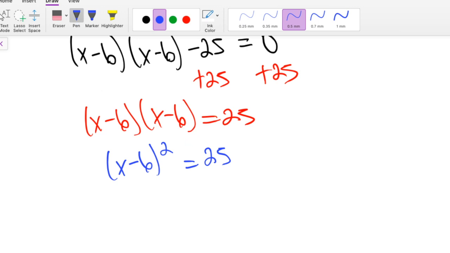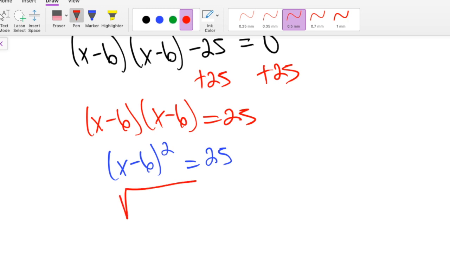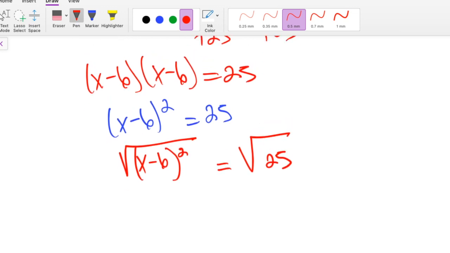So how do I solve the rest of this? All I have to do now is square root both sides. So I'm going to put x minus 6 squared under my radical equals square root of 25. All right, now here's a little trick I want you to remember. If you have x minus 6 squared, x minus 3, x minus 4, x whatever, if you're taking the square root, like we're doing in this case, everything's going to go away, basically.